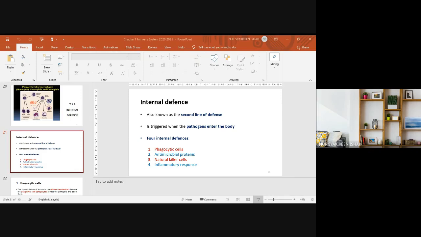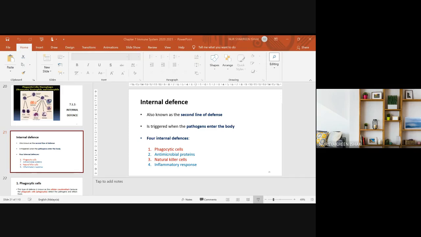Second line is internal barrier or internal defense. Okay, this is innate immune response. Okay, so internal defense, also known as second line defense. So it is triggered when the pathogen enters the body.